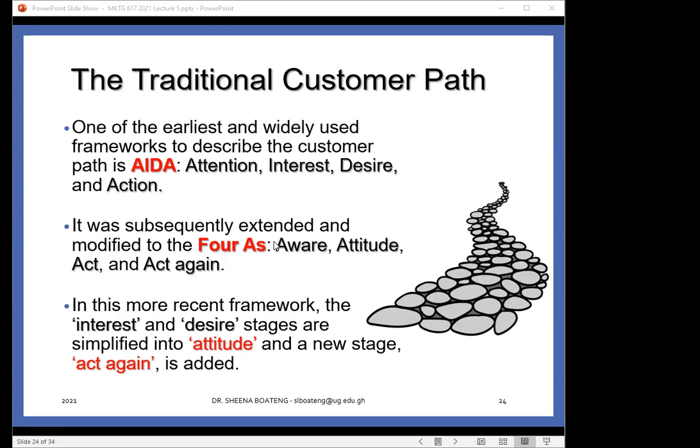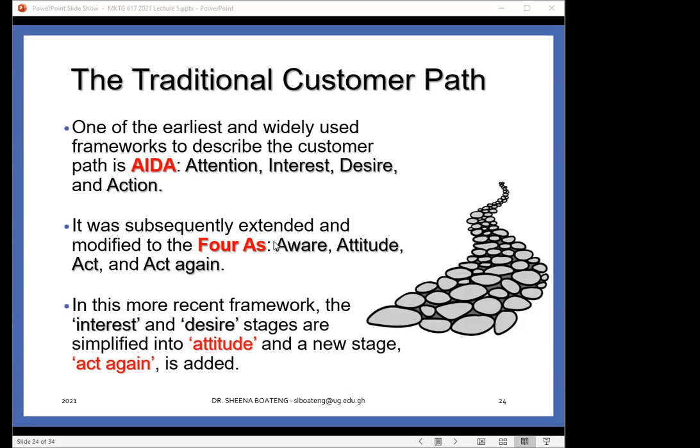Now, as time goes on, this model was refined, right, and extended to become what we now refer to as the 4 A's, being awareness, right? So the first A standing for aware, the second one standing for attitude, the third one standing for act, and the fourth one standing for act again.